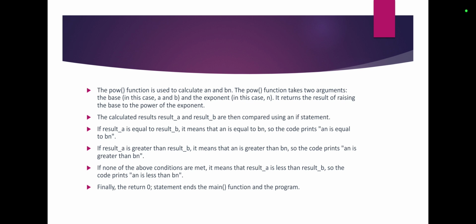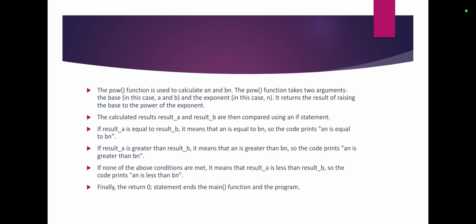The calculated resultA and resultB are compared using an if statement. If resultA is equal to resultB, it means that a^n is equal to b^n, so the code prints "an is equal to bn".